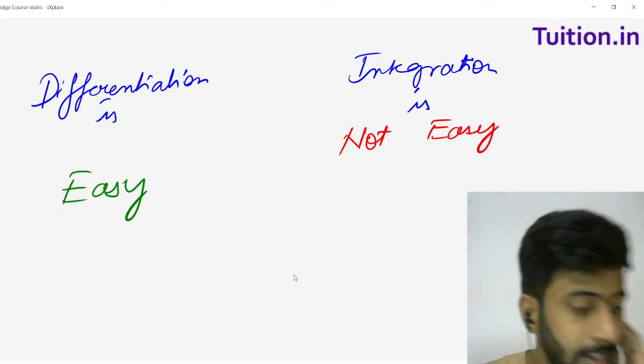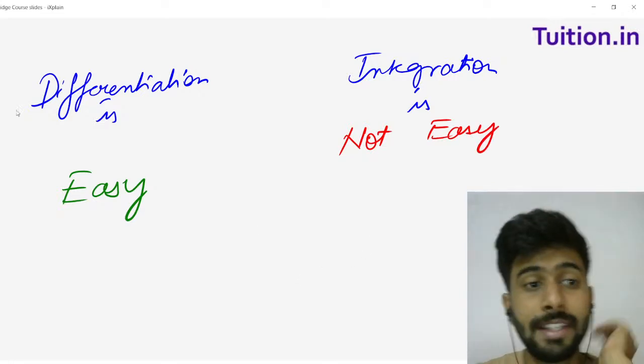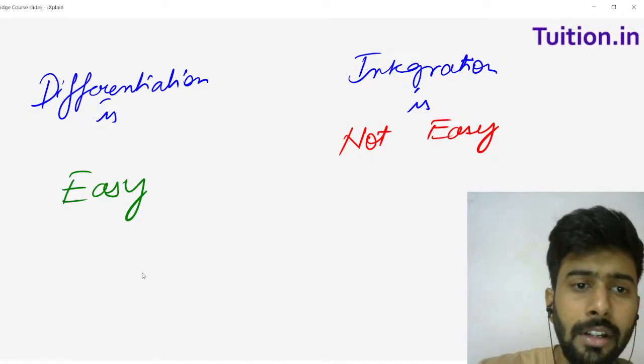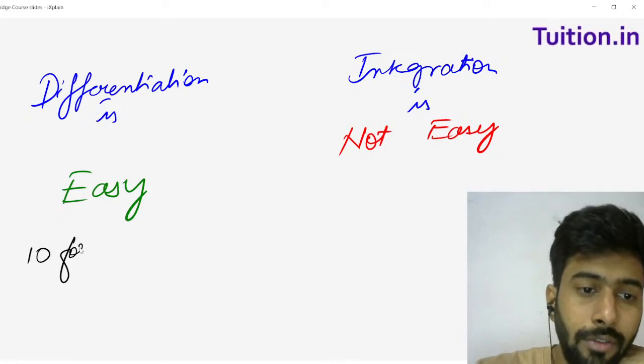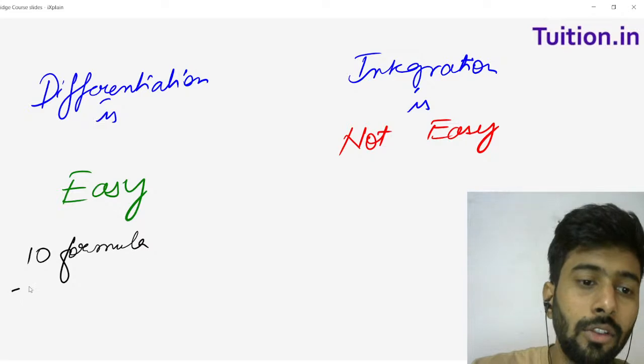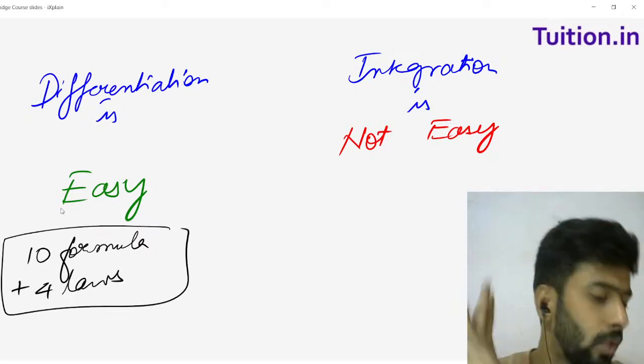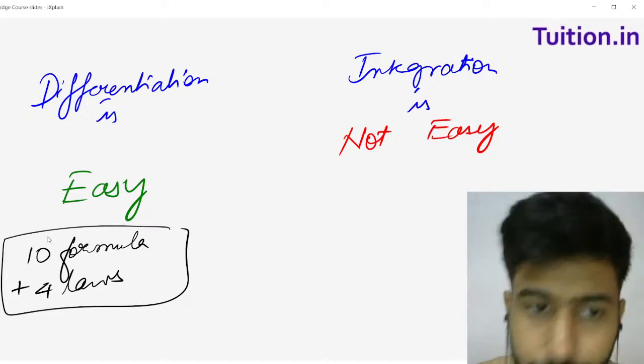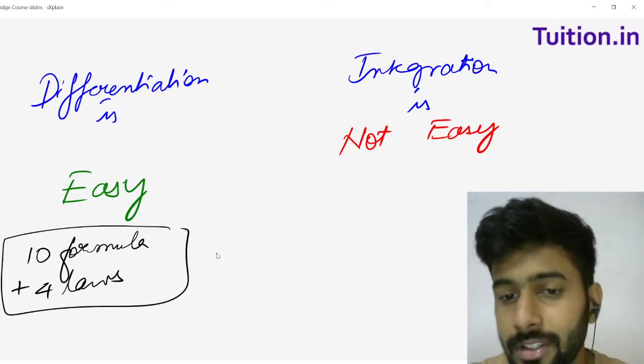And why am I saying this? Because differentiation just requires those 10 formulae, those 4 laws, and with this you can differentiate any function that I give you, no matter how ugly it looks.